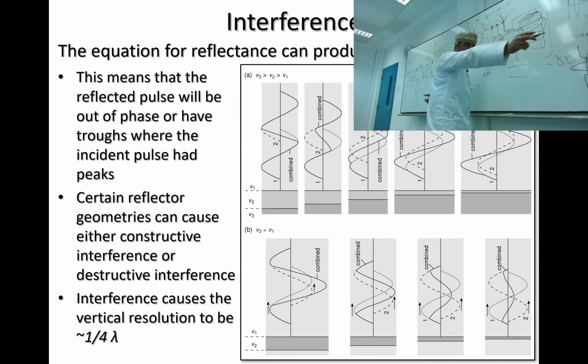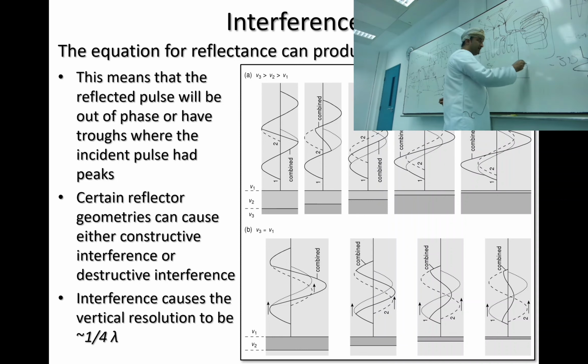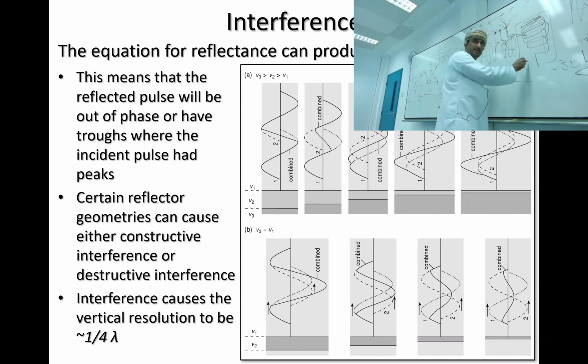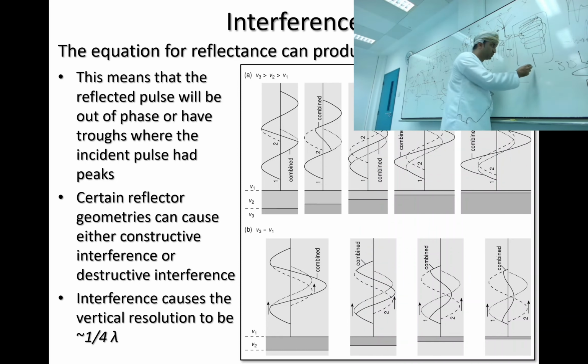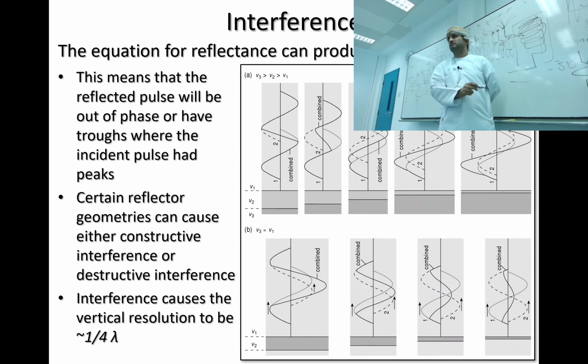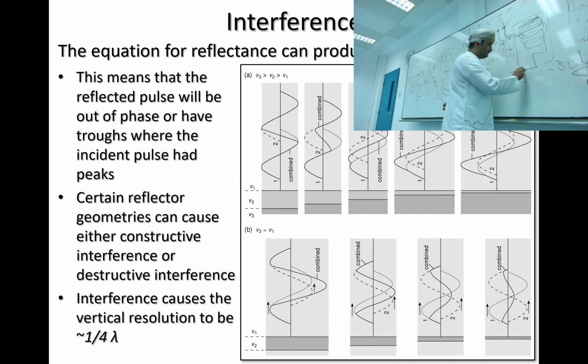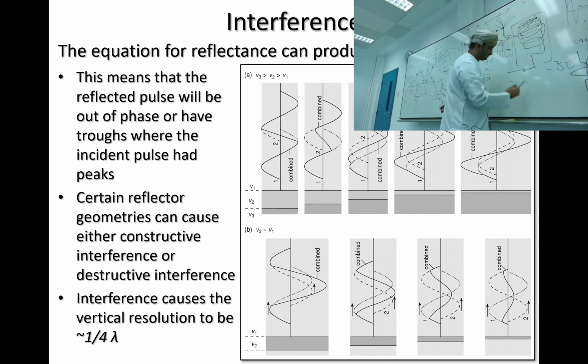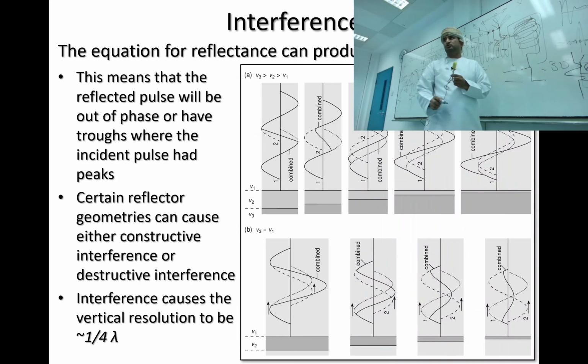So for the second case, here that's the acoustic impedance. I'm moving from large rock to lower rock. What I get, reflectivity series, is it positive or negative? Negative. Reflectivity series is negative. Here the reflectivity series is again positive.